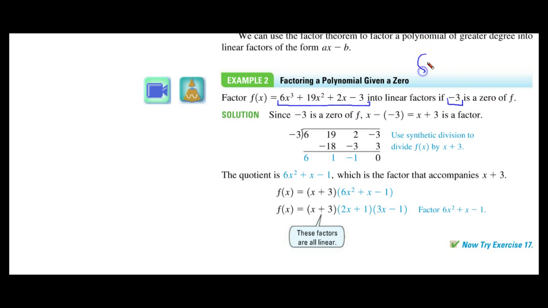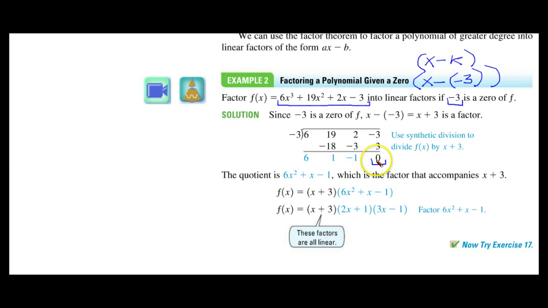Now remember, it would be x minus k, so that would be x minus a minus 3. We put it into our synthetic division, and we end up with a remainder of 0.